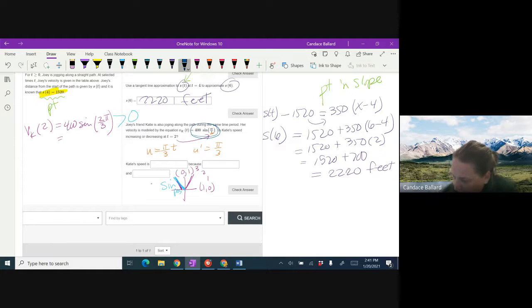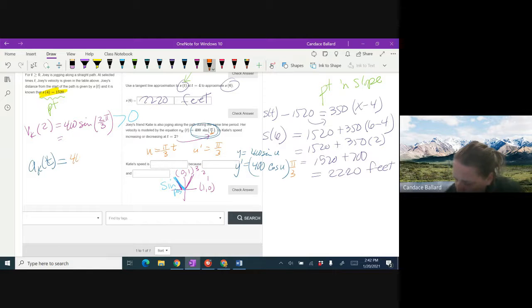All right, so let's see. I'm just going to call it y for now. 400 sine of u. So what's the derivative of sine, one more time? Cosine, good. Cosine of u. So I'm going to put my acceleration derivative over here officially. Acceleration of t is going to be, and then I've got to multiply by the inside, which was pi over 3.